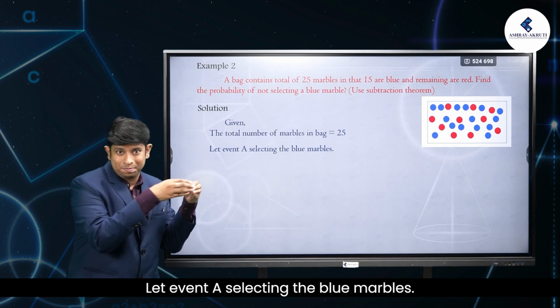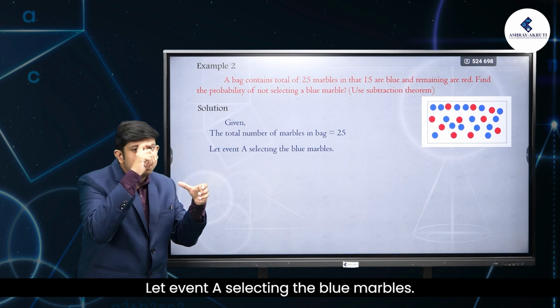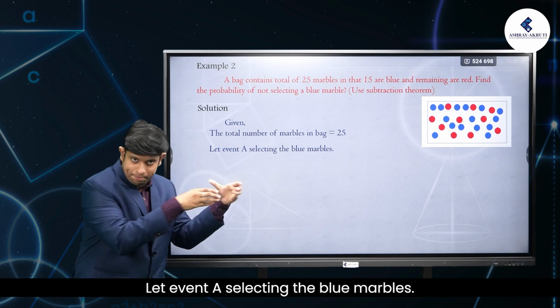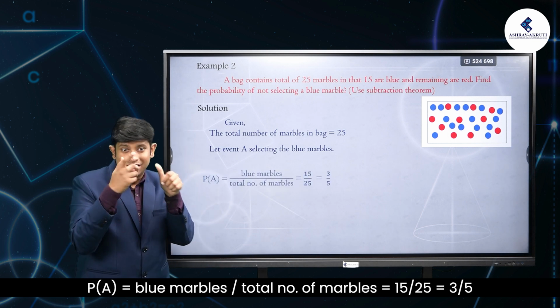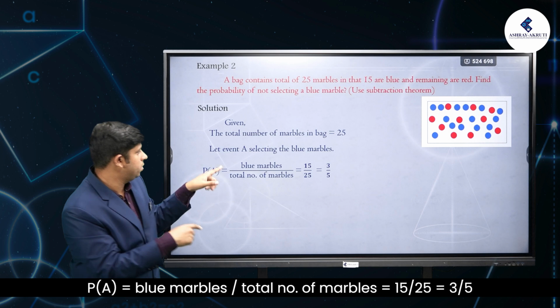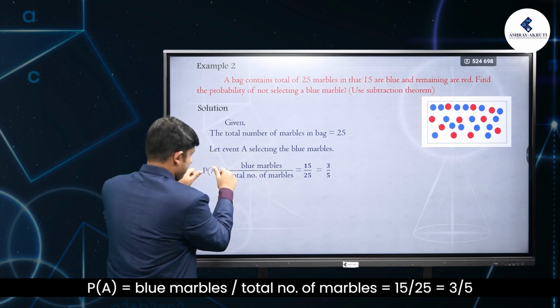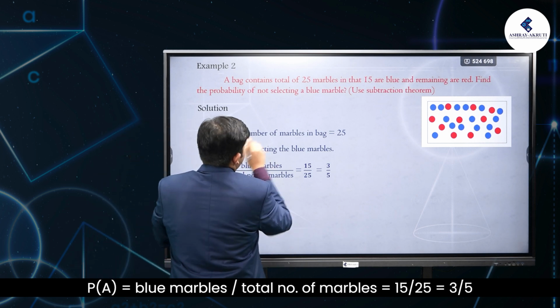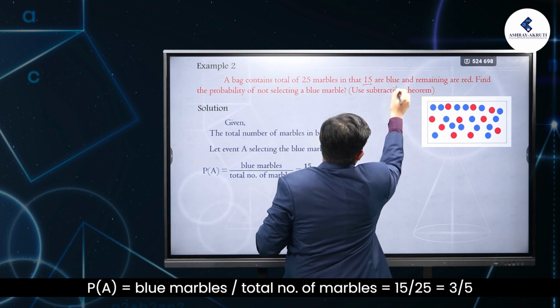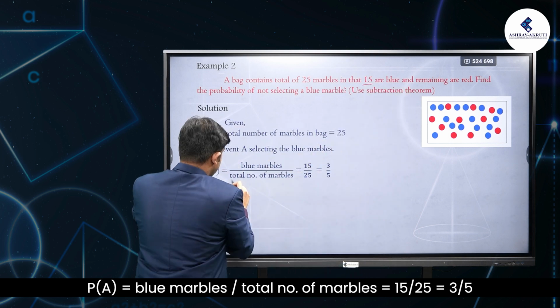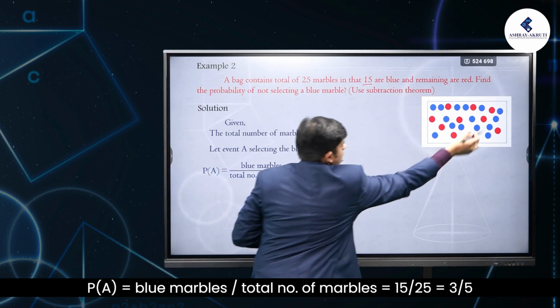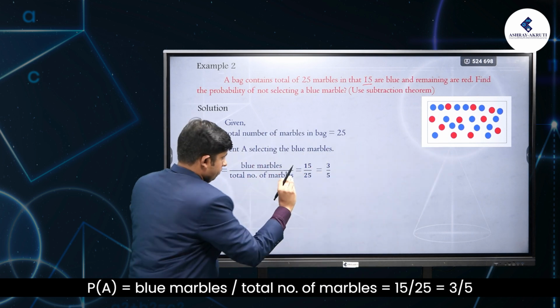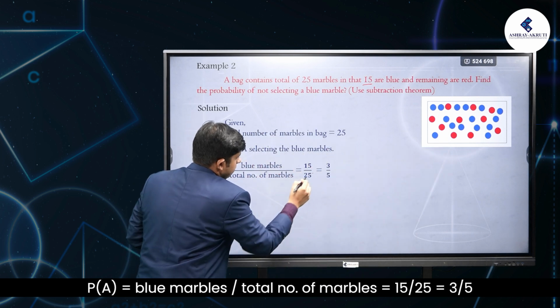Let event A be selecting the blue marbles. P of A is equal to blue marbles by total number of marbles. That is equal to 15 by 25. By cancelling, we get 3 by 5.